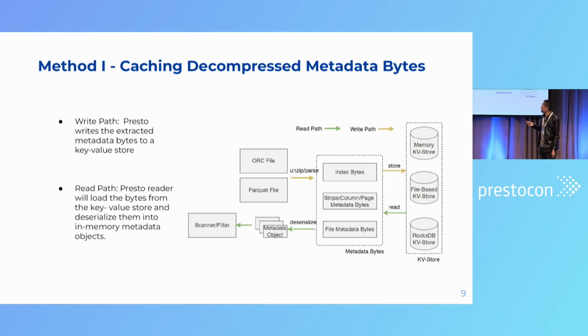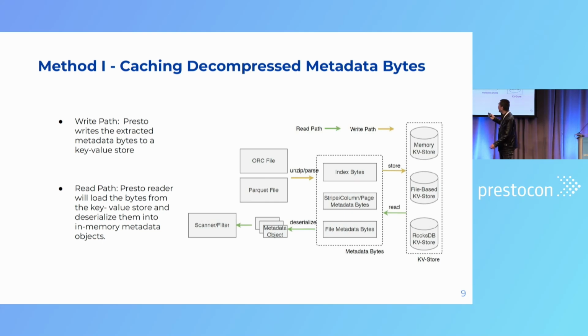I think this one is something we made last year. We just extract the bytes of the metadata from the Parquet or ORC files, and we put them in a separate key value store. The first time the ORC or Parquet file is read or parsed, we check the cache.